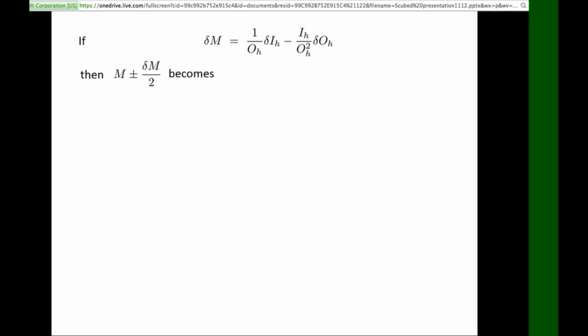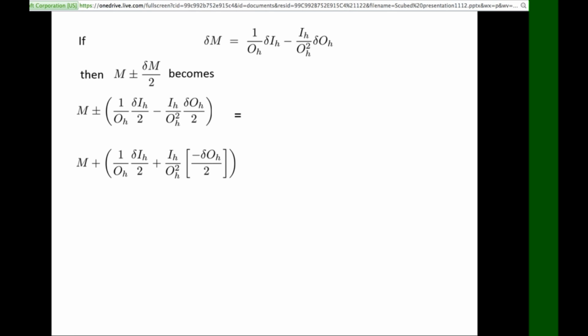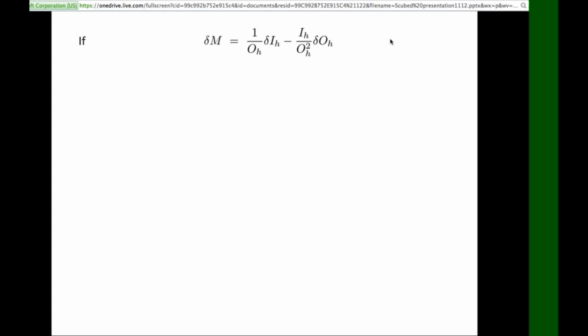So, m plus or minus delta m on 2 would become like this. Look at the factor of 1/2 I've put in here. And that gives m plus the uncertainty or m minus the uncertainty. So we can write delta m is equal to 1 all over OH delta IH minus IH on OH squared delta OH, but we're claiming that this is wrong, and we're going to see why.